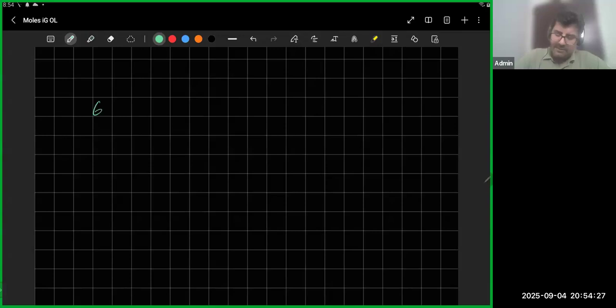I've got 6 NaOH plus 3 Cl2, and it's forming 5 NaCl plus NaClO3 plus 3H2O. I say anyway, so I've got this, and they told me that this is 0.45 moles.